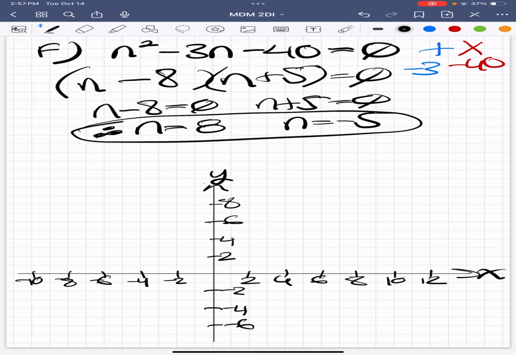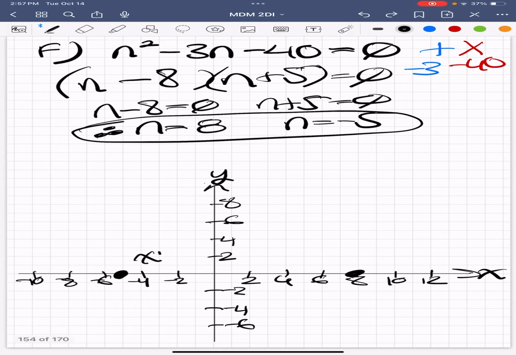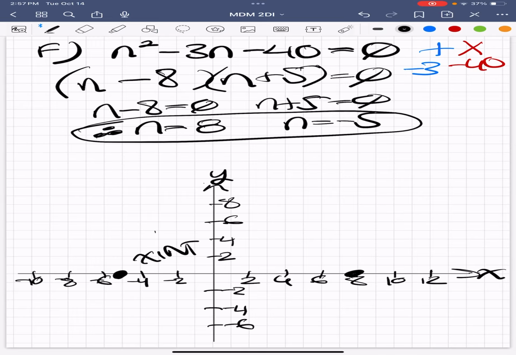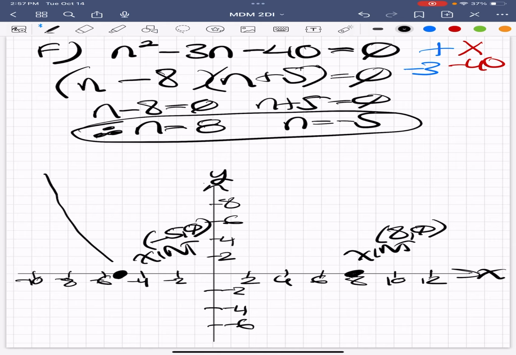So we have 8 and negative 5 as our x-intercepts, and that is our x-intercepts there as well.